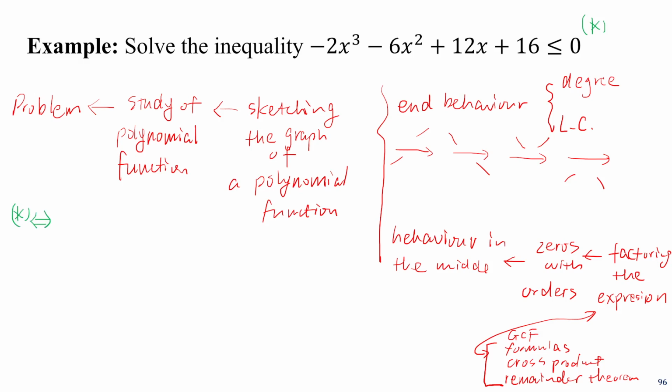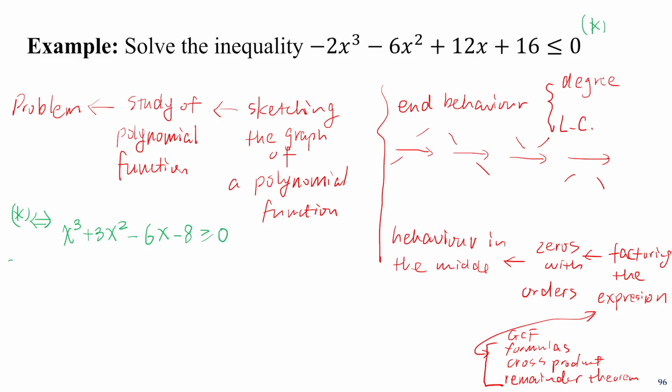The original expression is equivalent to, we can divide both sides by -2 or +2. For example, if you divide both sides by -2, that gives us x cubed plus 3x squared minus 6x minus 8 greater than or equal to 0, right?